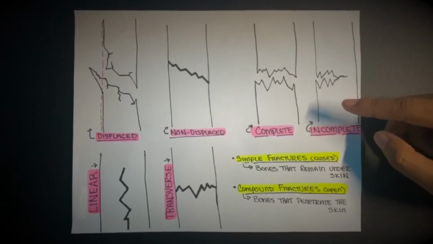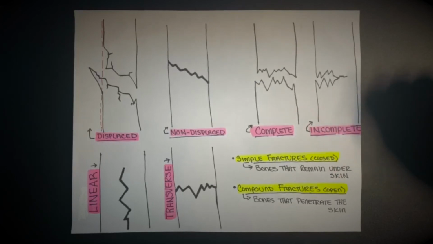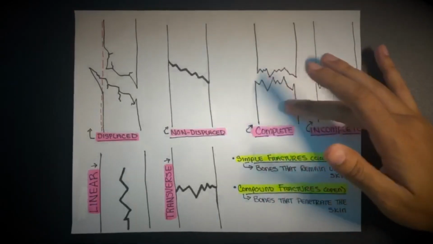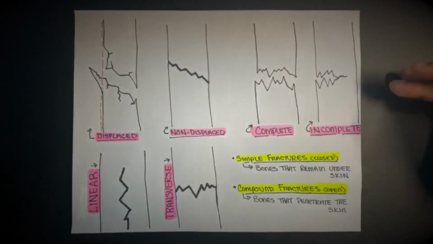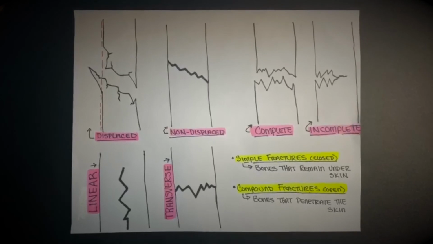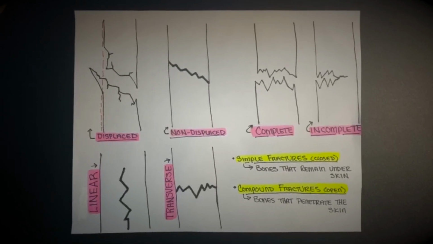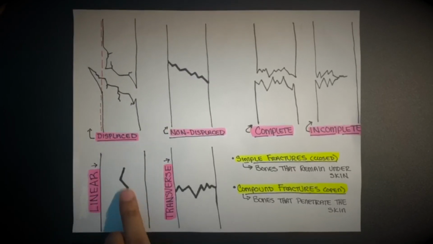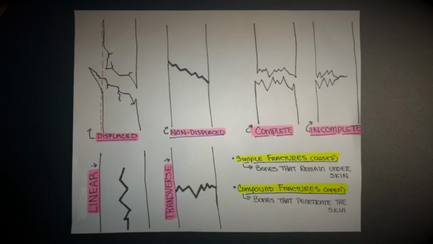Moving over to complete versus incomplete, here we see that what's being compared is if the bone is broken straight through or not. So a complete fracture just means it's completely fractured, whereas incomplete refers to partially being fractured, not all the way through. So linear versus transverse is just comparing the orientation of the fracture, linear meaning vertical and transverse being horizontal, as seen here.